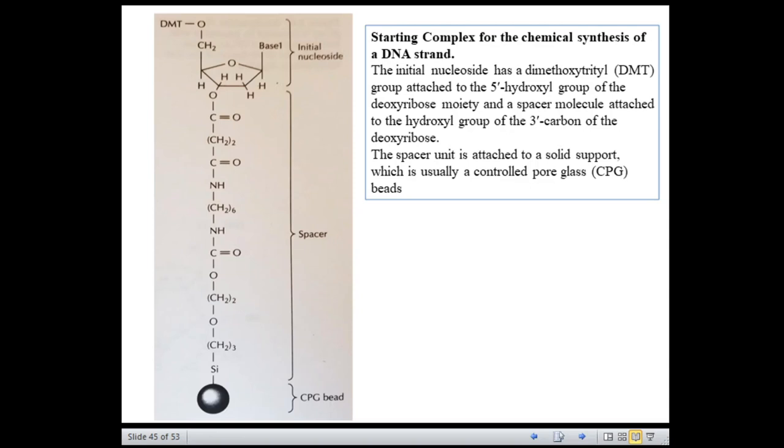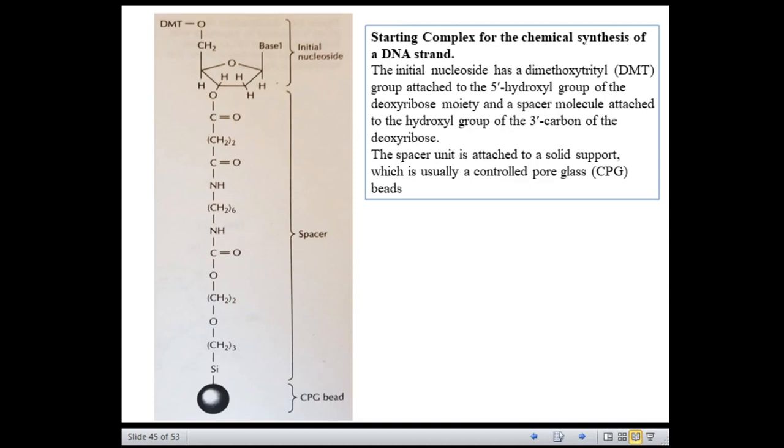We call this base 1, to prevent the 5' hydroxyl group from reacting non-specifically, as I said earlier, prior to the addition of the second nucleotide. Got it? We have the first base.